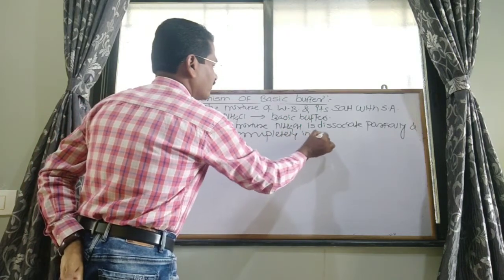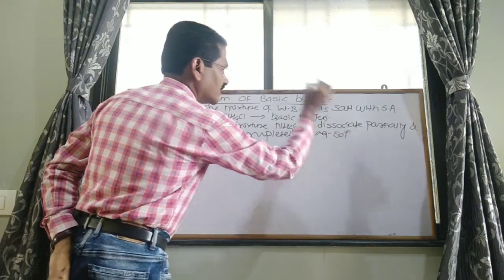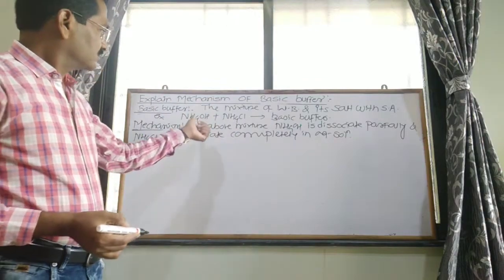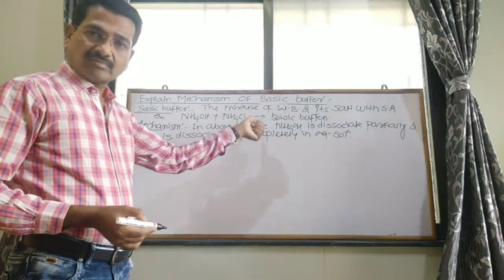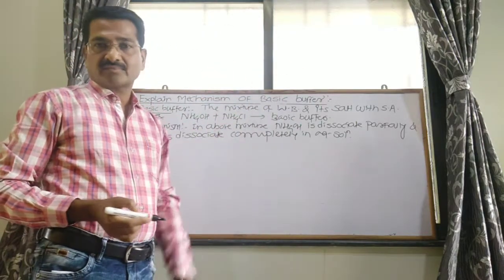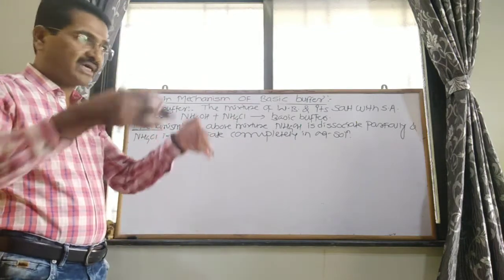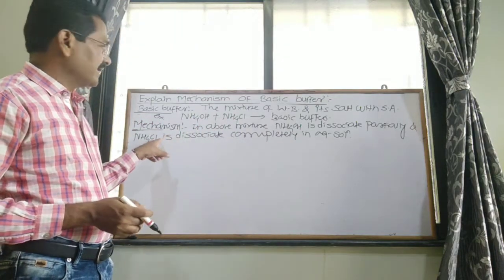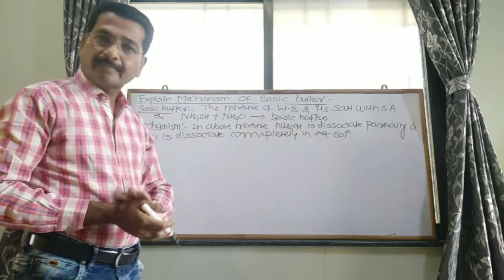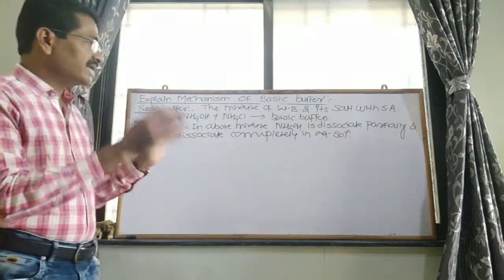in aqueous solution. Whenever weak base and salt of weak base and strong acid are both dissolved in aqueous solution, then weak base dissociates partially while the salt dissociates completely.